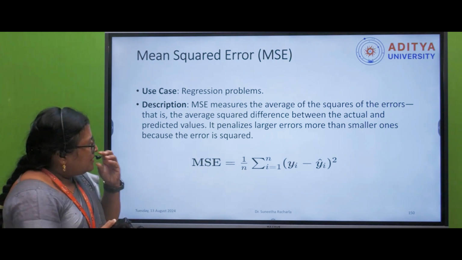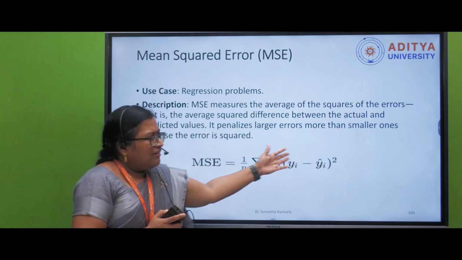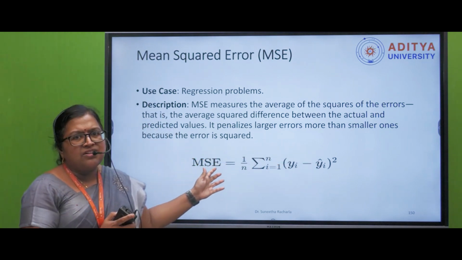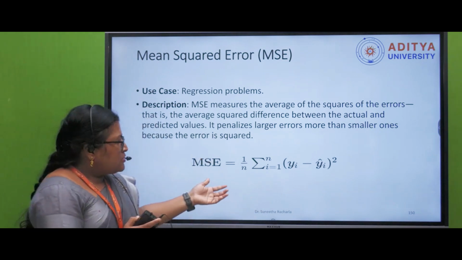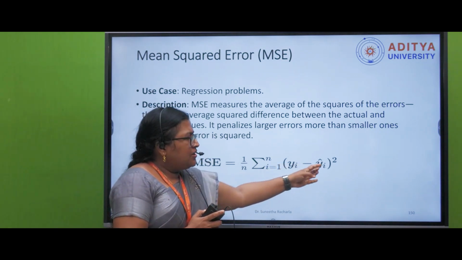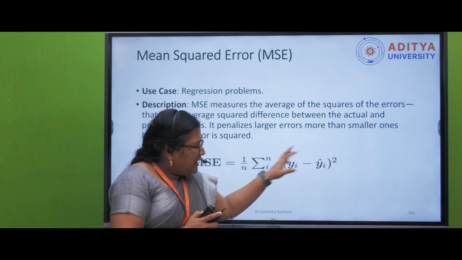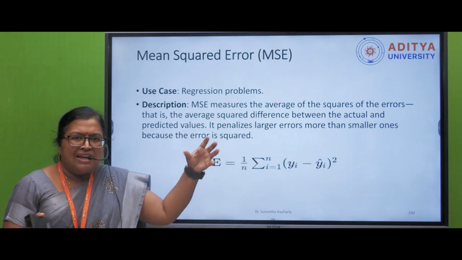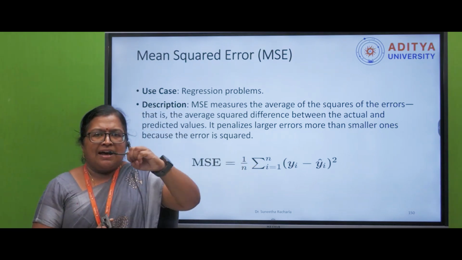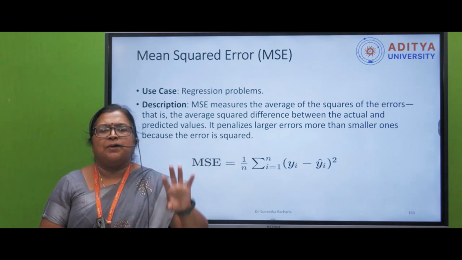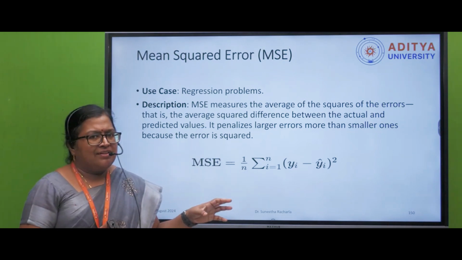We take the error between actual and predicted, square it, add all those errors, and give the average error to our optimizer.